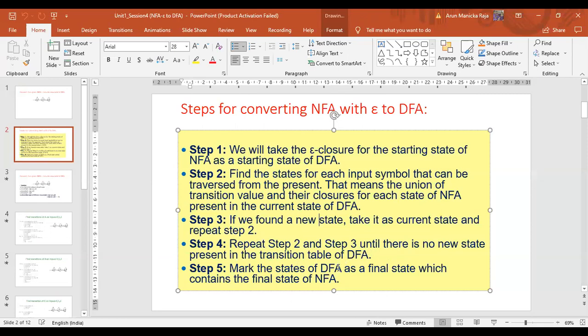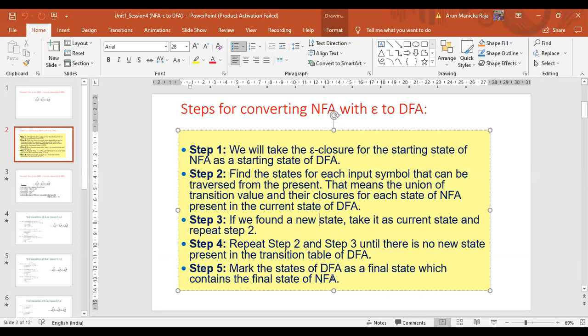Again, mark the states of the DFA as final. Which one is the final state? The one which contains the final state of the NFA. In the input diagram, whichever state is the final state, wherever we find it, we make that particular state a final state.